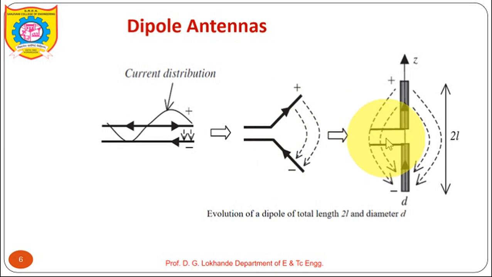The proper arrangement of the antenna is normally called a dipole antenna, where the signal is fed at the transmission line and the two ends are separated properly. Then the charge moves from positive to negative, and hence maximum radiation is possible in that case.